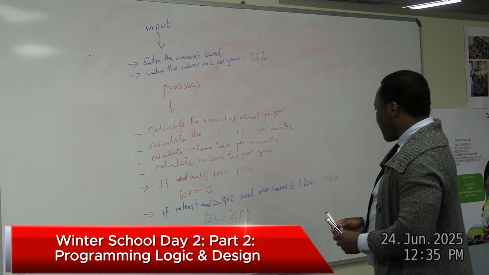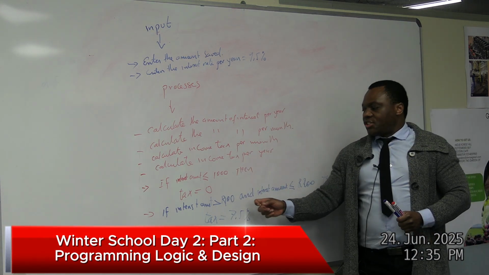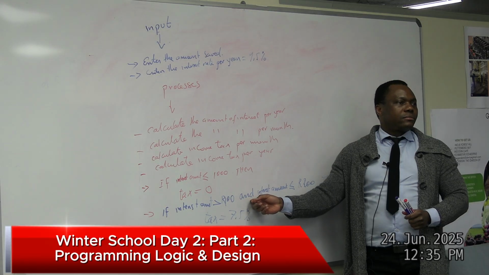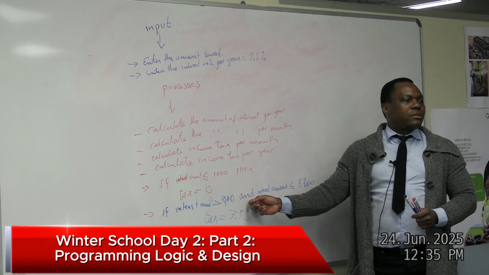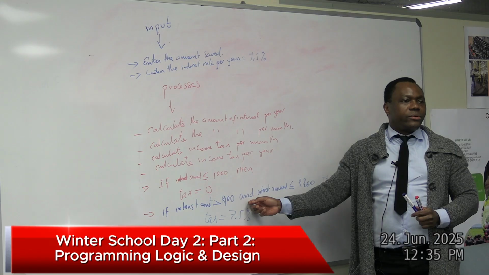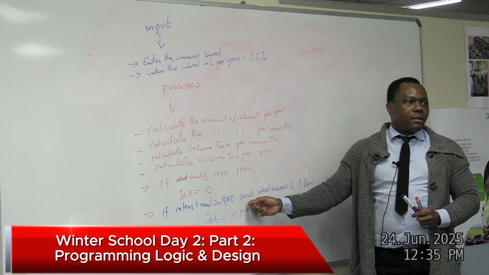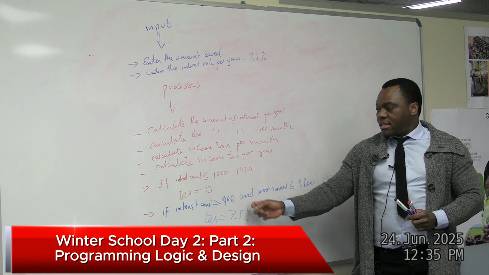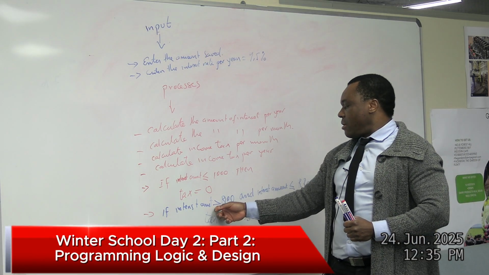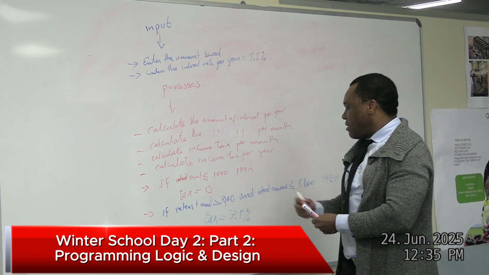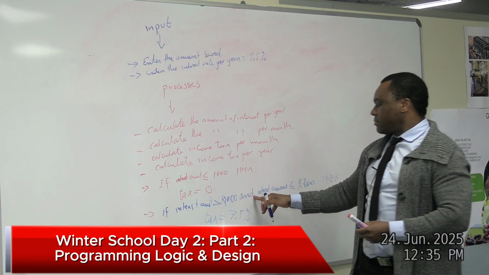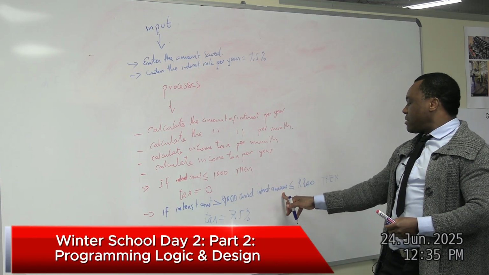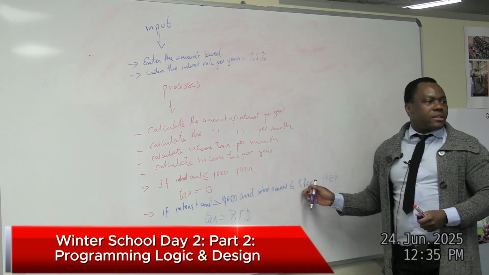Okay. Pay attention here, use of and. And is used if both conditions are true. It says here, if interest amount is greater than 1,000 and interest amount less than 2,000.